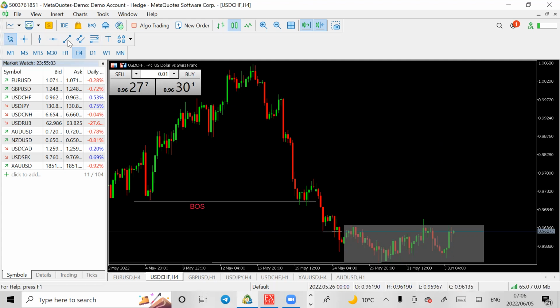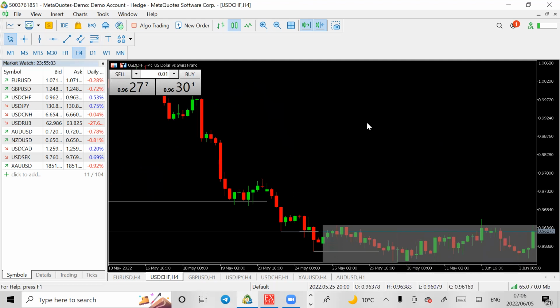All these we call the key zones. Key zones are meant to be broken to confirm break of structures. So we continue to see a series of break of structures on 4 hour.